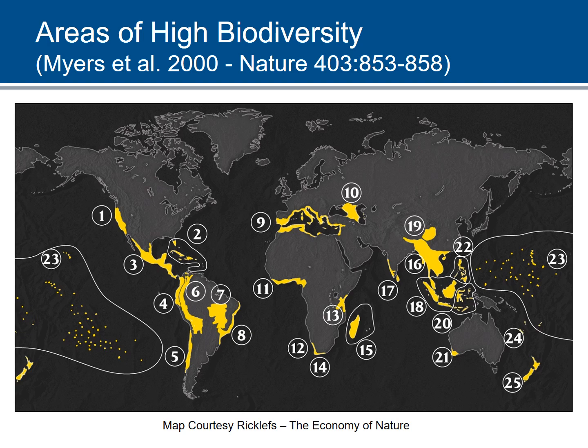Now, where are the areas of high biodiversity? If you had limited conservation dollars and you wanted to buy land in order to save native ecosystems, where would you be best investing your money? Myers and colleagues in 2000 published a high-profile article in Nature that identified these 25 hotspots.